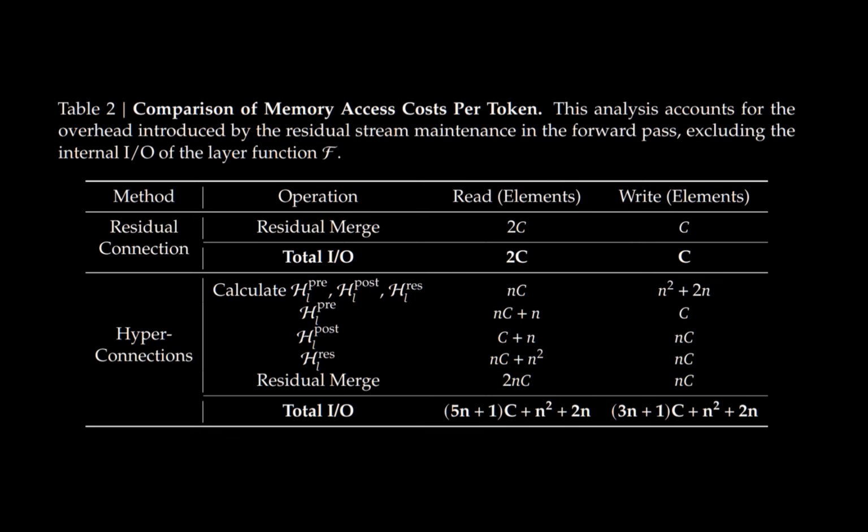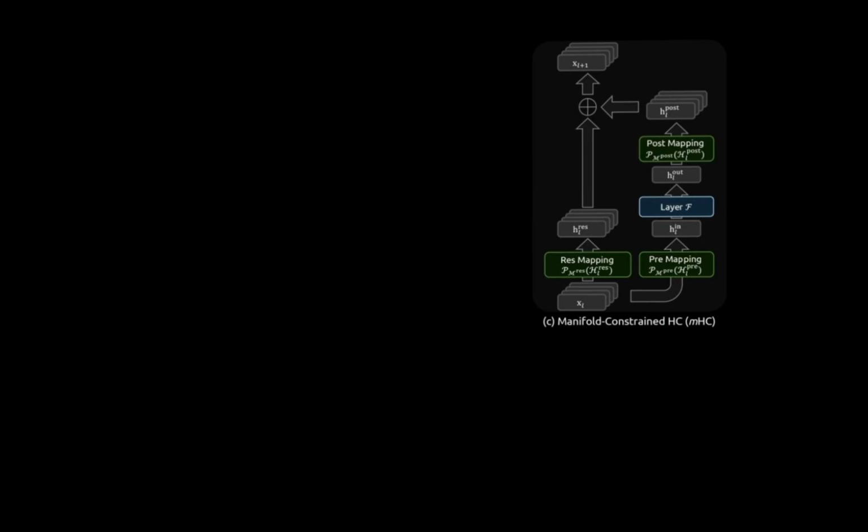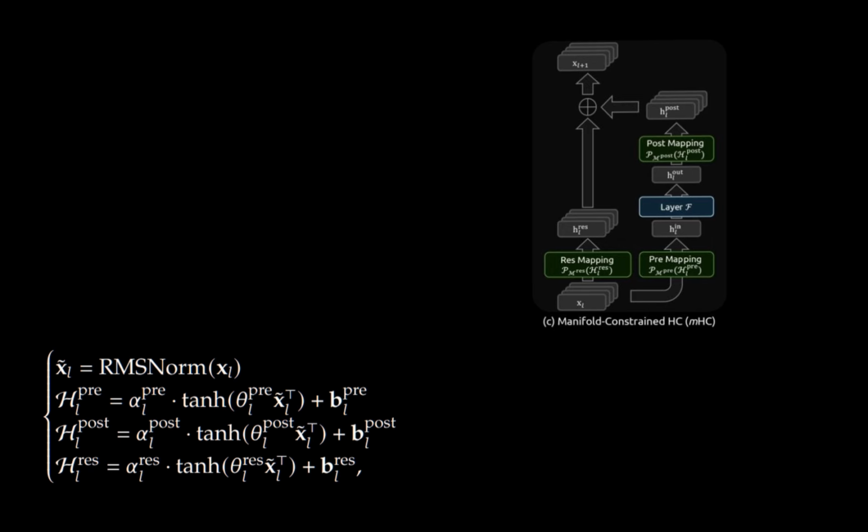All right. With this, I will go finally to the mHC architecture and talk about their solution to the problems that we just talked about. The main idea is very, very similar to the hyperconnection.